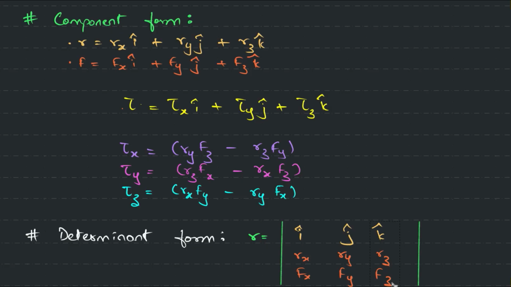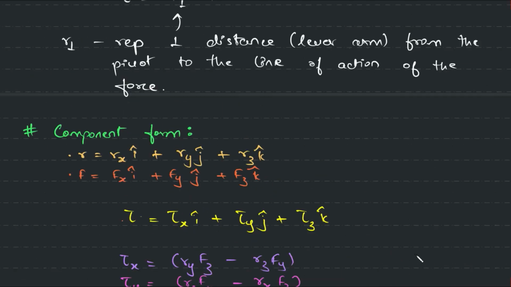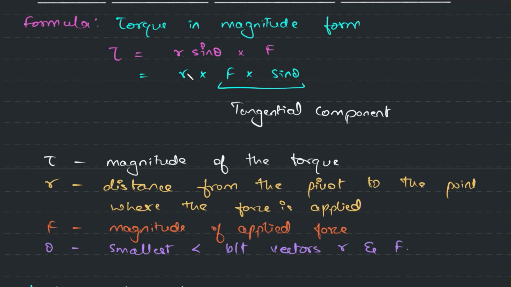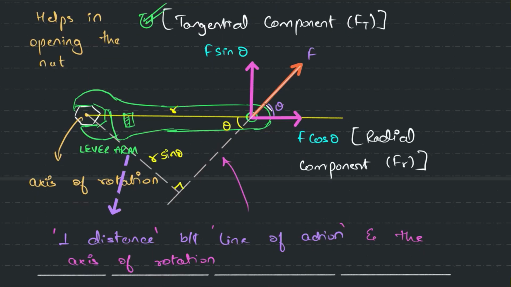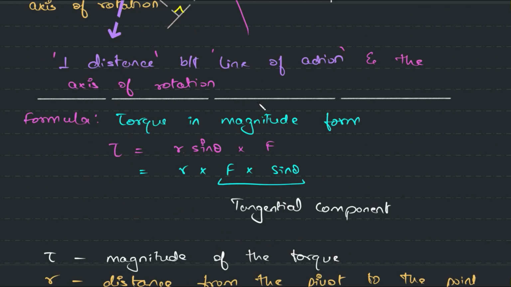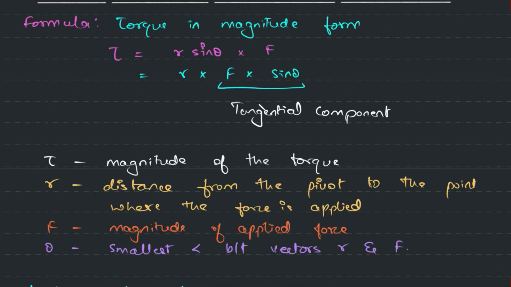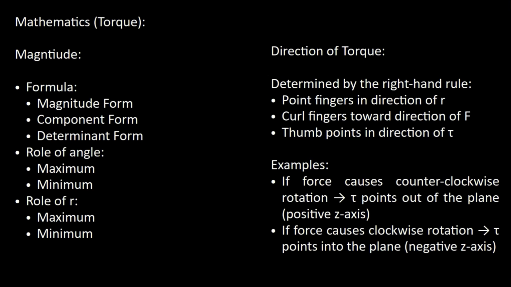But basically what you're doing here is a cross product. All of this leads to cross product. If you understand dot product and cross product well, this formula is nothing but AB sine theta, so A cross B. So from that, we've looked at the magnitude, component form, and determinant form.